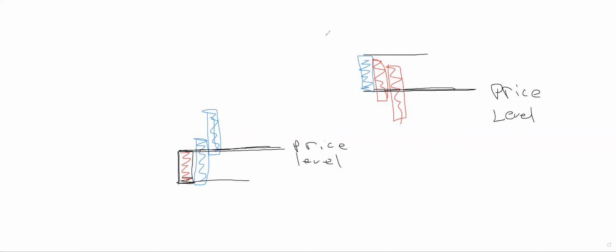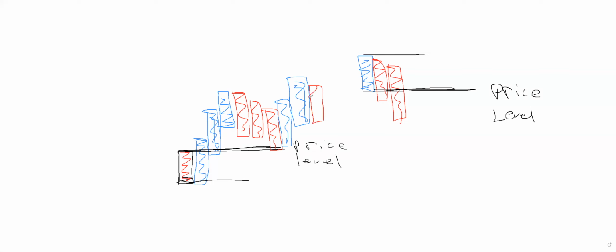So that means that price can come back to that level multiple times and still be a valid level, because it's simply a price level.